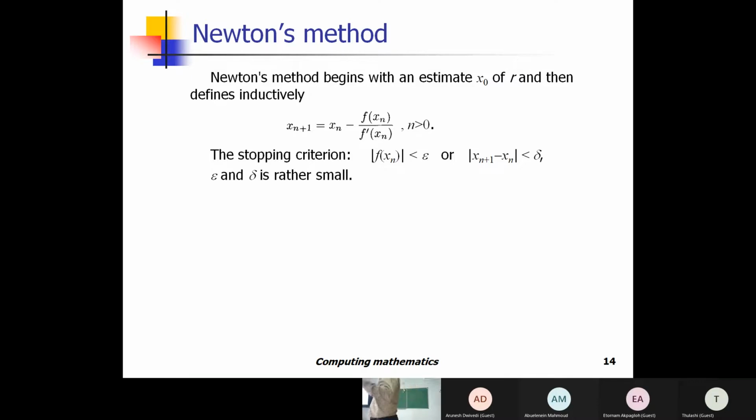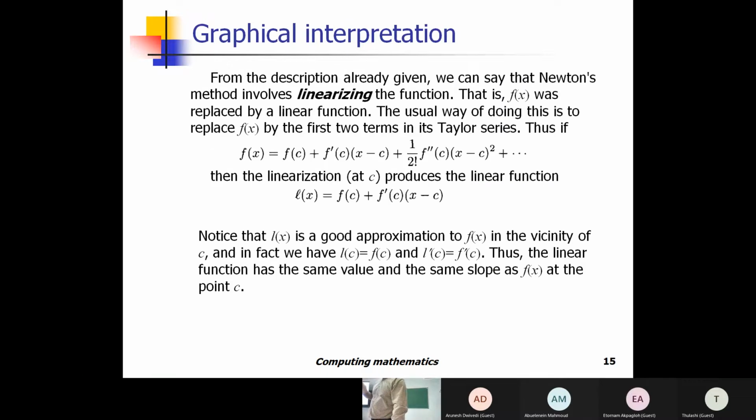To understand how this method works, we solve some simple problem. And also I want to discuss some graphical interpretation before we try to solve this problem.